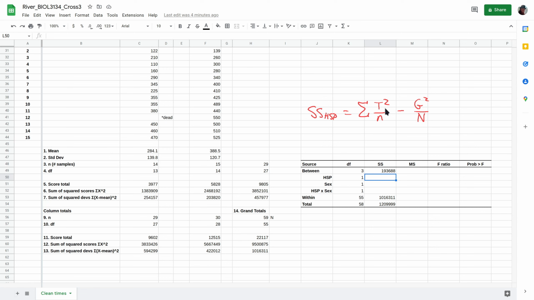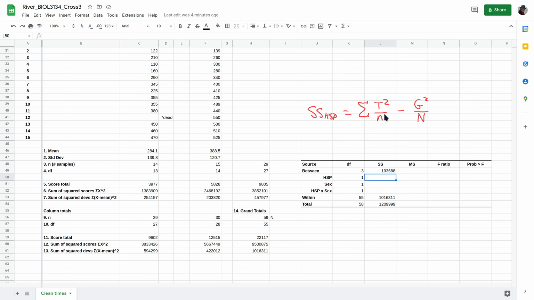Okay, so this is our formula for the sum of squares for the HSP. We total up the score for each group and square it and then divide it by the n. So we're going to have two values. Basically it's T squared over n plus T squared over n, and then we subtract this G squared over big N, just like we did when we calculated the sum of squares total.